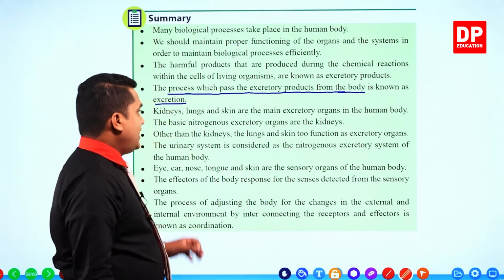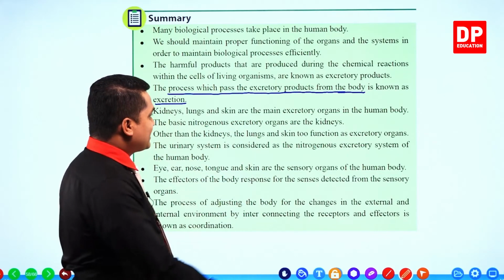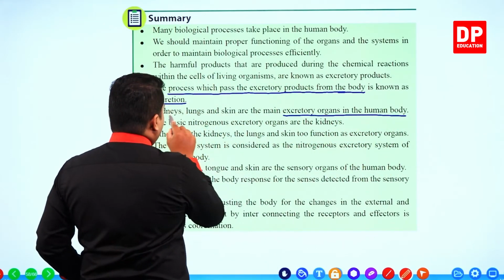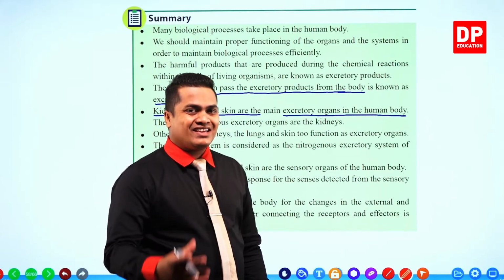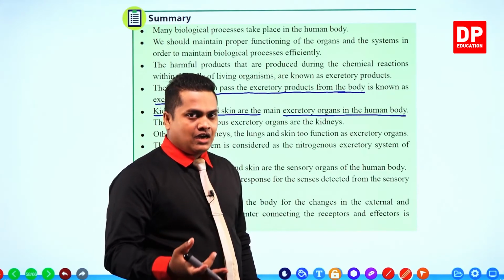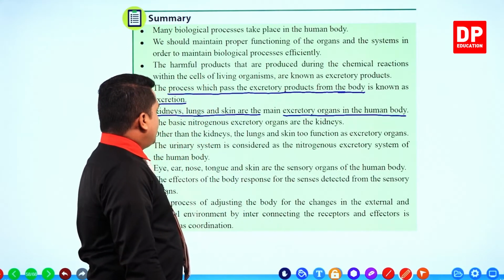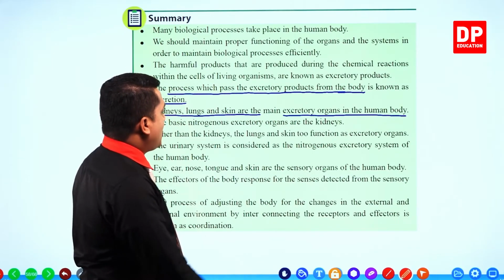After that, kidneys, lungs and skin are the main excretory organs in the human body. The basic nitrogenous excretory organs are the kidneys.